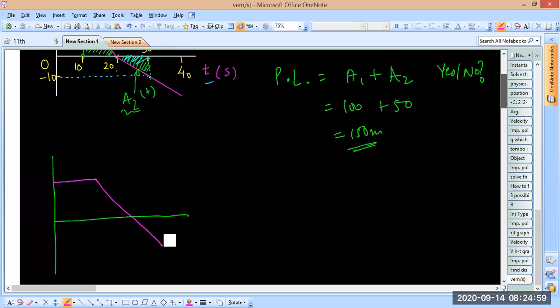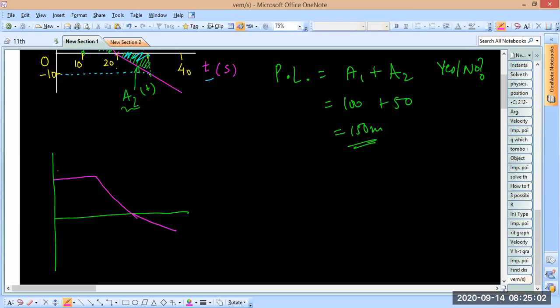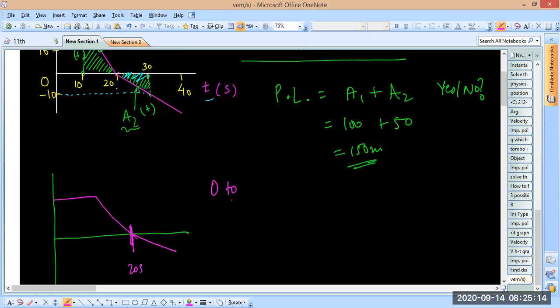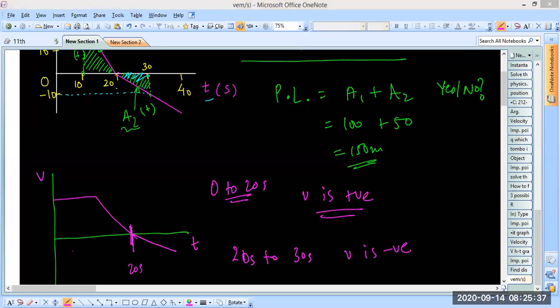What is really happening over here is that up to 20 second, that is 0 to 20 second, the velocity is positive. Agreed? Because this is a VT graph. And then from 20 second to 30 seconds, the velocity is negative, because the graph is below the axis.